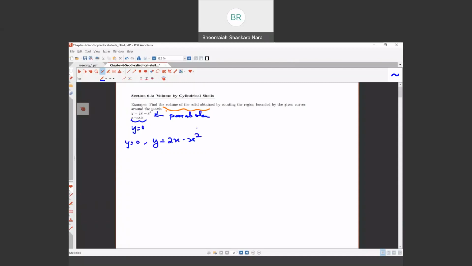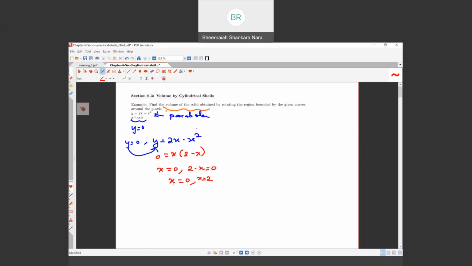Plug in y equal to 0 and factor x. So it's 0 equal to x times 2 minus x. Using the zero product property, either x is 0 or 2 minus x is 0. When we solve the second equation, we get x equal to 2. So we have x equal to 0 or x equal to 2. These are the intersection points of this parabola and the x-axis.